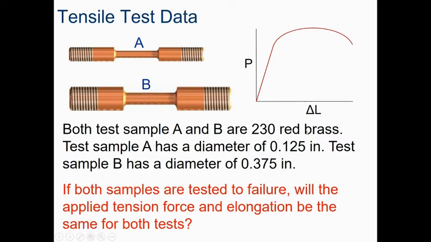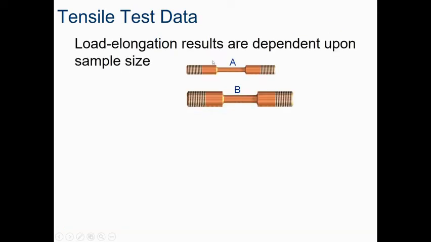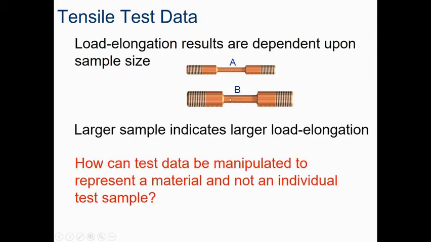But if they're both the same type of material, what I'm looking for is a curve that's consistent between those two. As we said, the load elongation results are dependent on the sample size, smaller versus bigger. But how can test data be manipulated to represent a material and not an individual test sample?